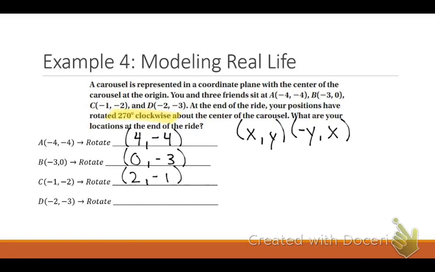And point D, 3, -2. Okay, so understanding the code is really the key. That's why we say, if you can crack the code, you can do these rotations. If you understand what the code is telling you, you will understand how to change these ordered pairs. Okay, and if you understand that, that's everything you need to know for section 11.3.